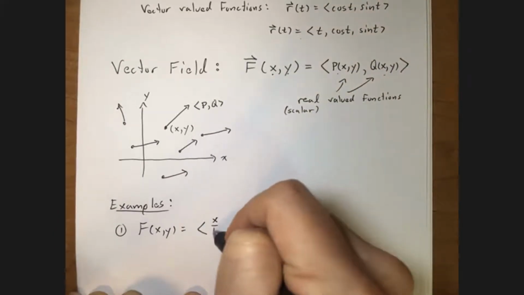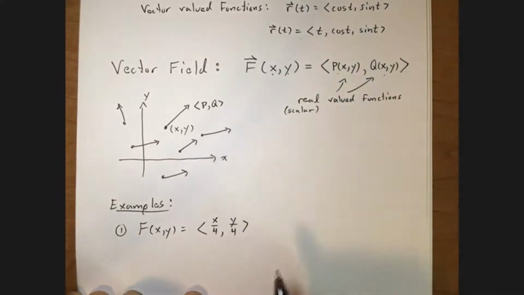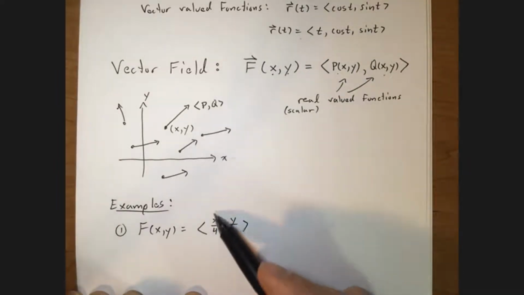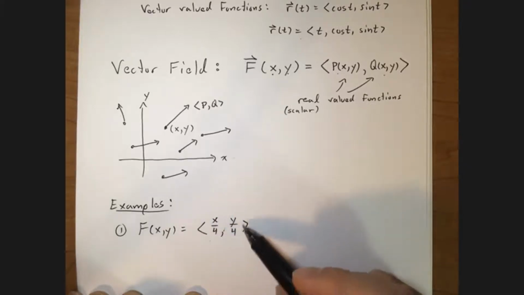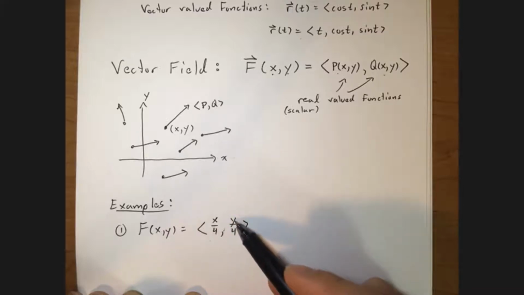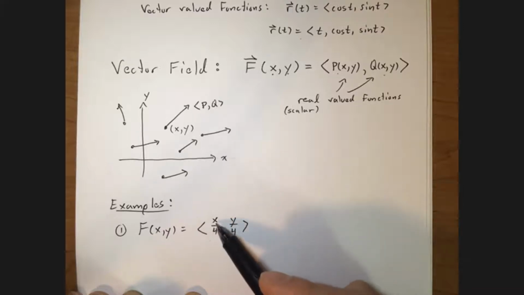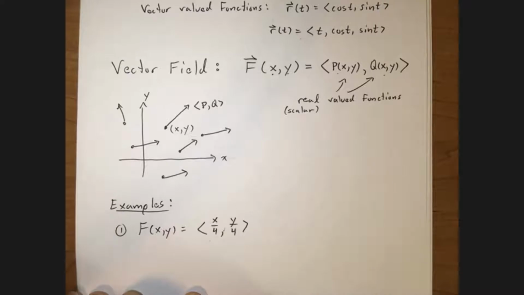We're going to do x over 4, y over 4. So this is my function P. It's a function of 2 variables, but its output only involves 1. And here's my function Q. Again, it's a function of 2 variables, but its output only involves 1. So function P is constant in the y variable. Function Q is constant in the x variable.